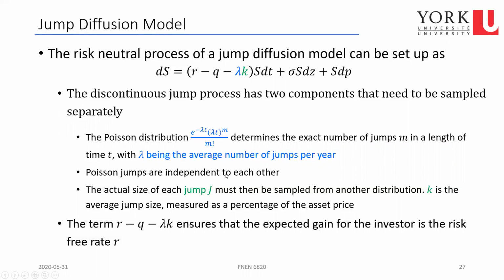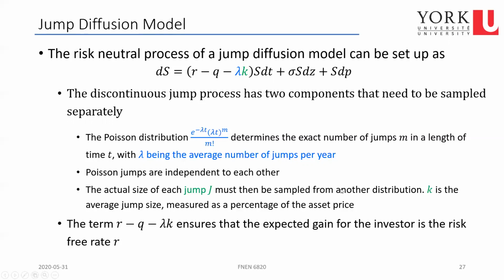Now, you only know how many jumps you have, but you don't know the size of the jump, right? So you also need a jump size. The jump size you can draw out of a different distribution.